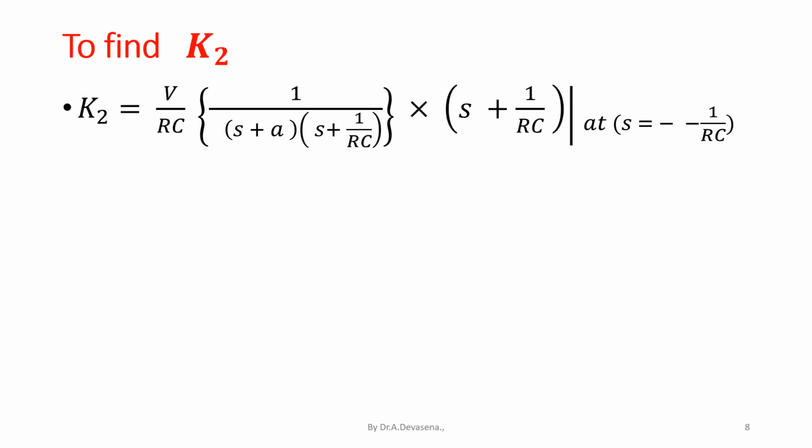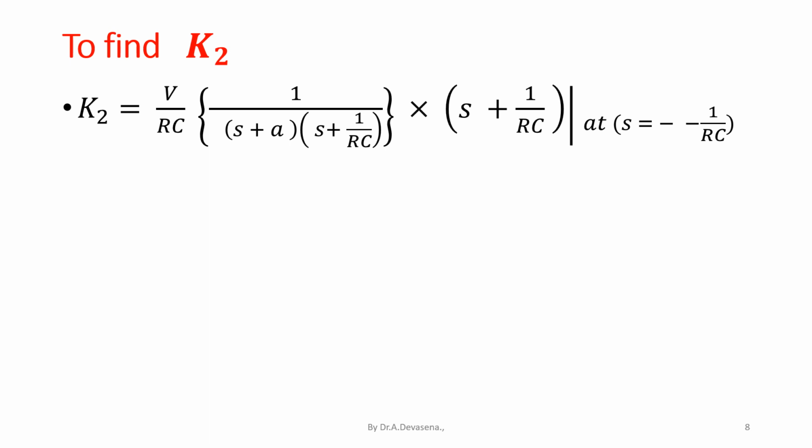K2 is equal to capital V divided by RC, open the bracket, 1 divided by S plus A into S plus 1 by RC, close the bracket, into S plus 1 by RC at S is equal to minus 1 by RC.